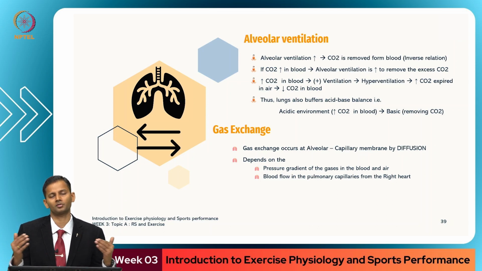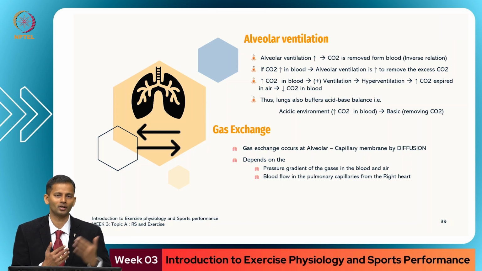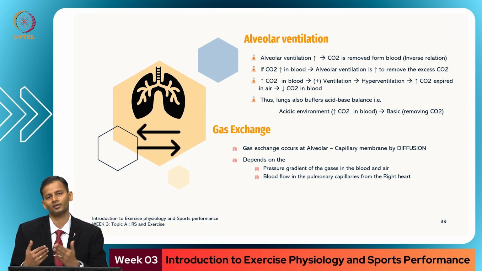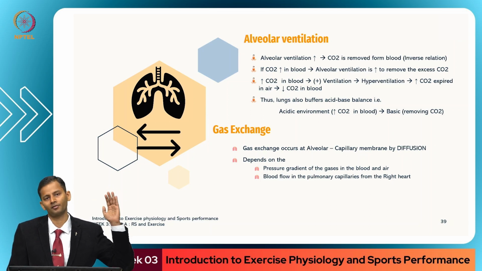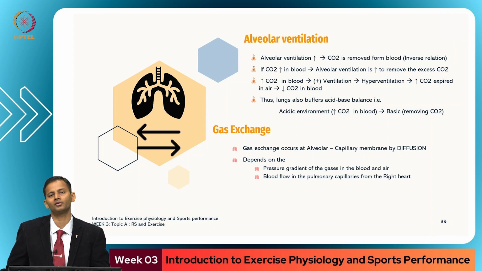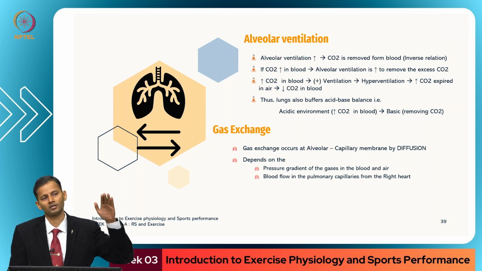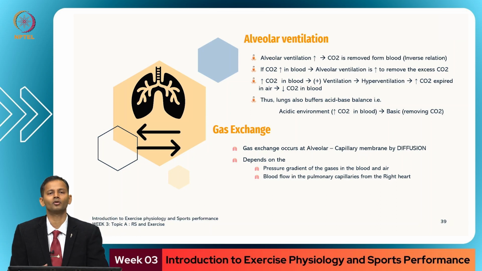The entire respiration process depends on the pressure gradient from the atmosphere to the level of the alveoli. This pressure gradient is important, and also the pressure gradient at the level of the blood and the tissues. So it is a cascade that happens right from the atmosphere till the level of the tissue. The gradient is gradually lowered, so there is a smooth diffusion of the gases.